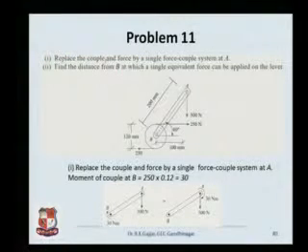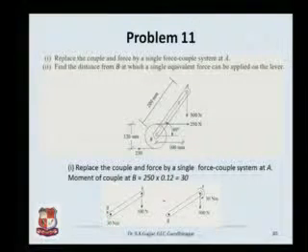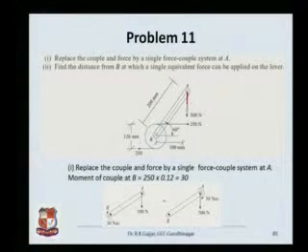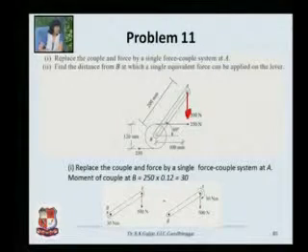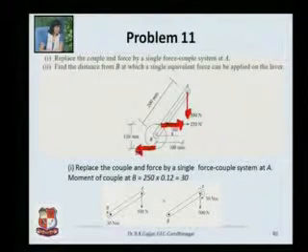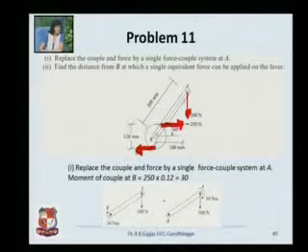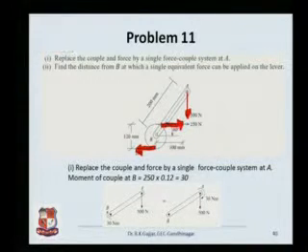Replace the couple and a force by a single force couple system at A. See what is happening over here. You have a force and you have a couple. The problem says to remove all this and just replace it by a force couple system at A. That is part 1.